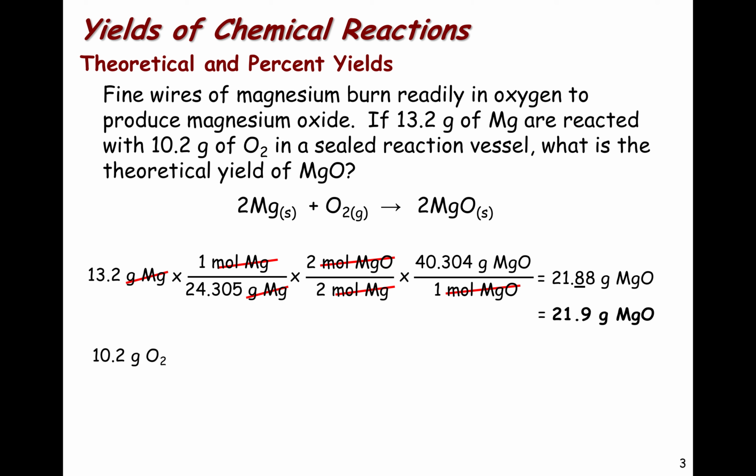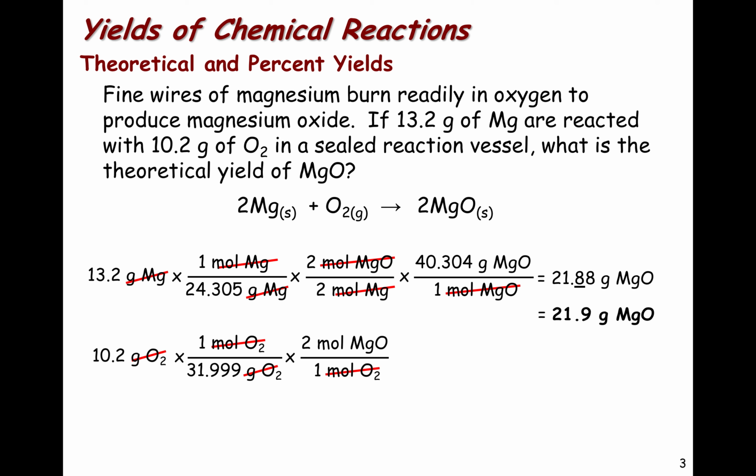If we then do a similar calculation starting with the oxygen, first convert that into moles, so dividing by the molar mass of O2, which is approximately 32, multiply by the ratio of the magnesium oxide to O2 from the balanced reaction. We see that we have a 2-to-1 ratio there.